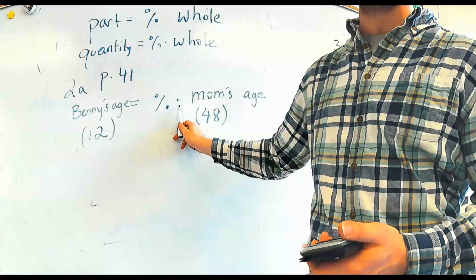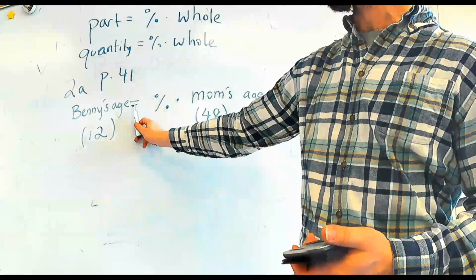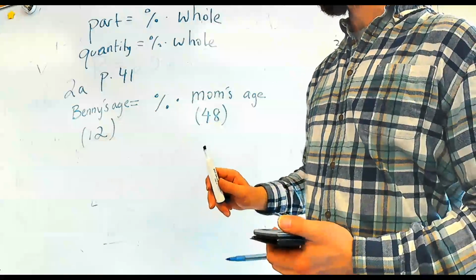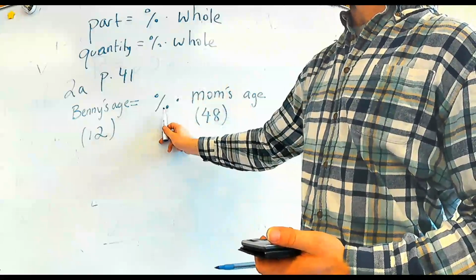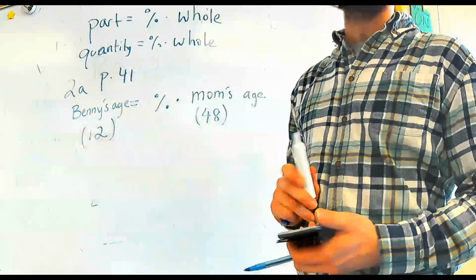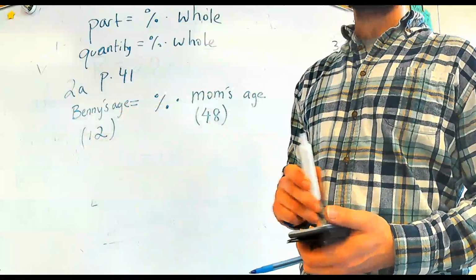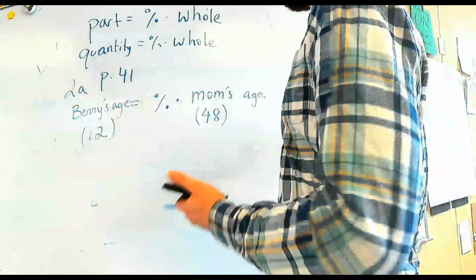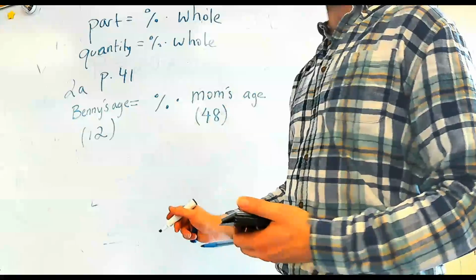When I heard of, I knew that's a multiplication sign. When I heard is, I knew that was an equal sign. Mom's age, what percent, Benny's age. When you read it from left to right, you can put it together in an equation. Let's solve this now.